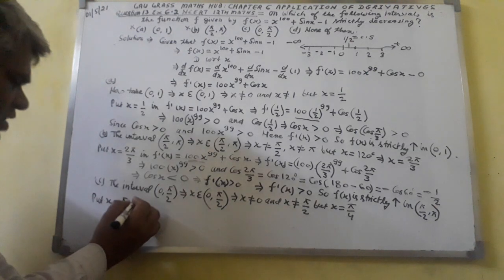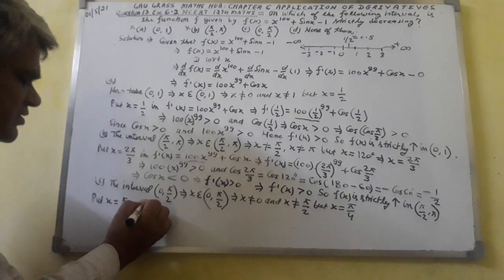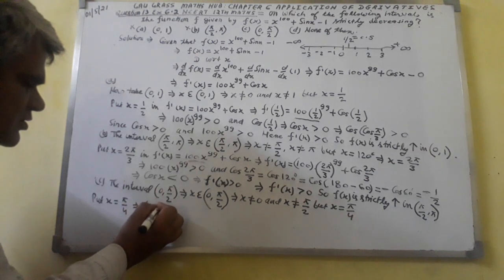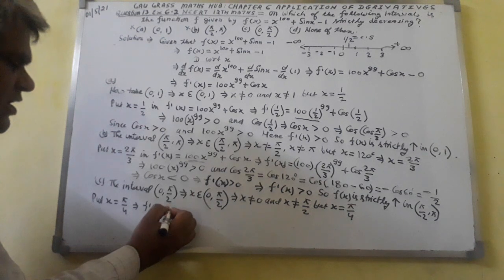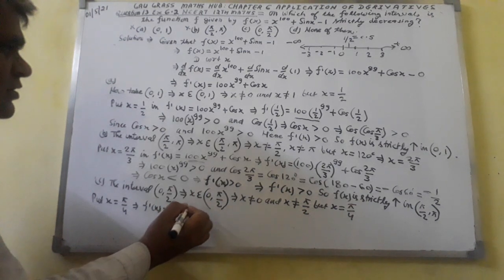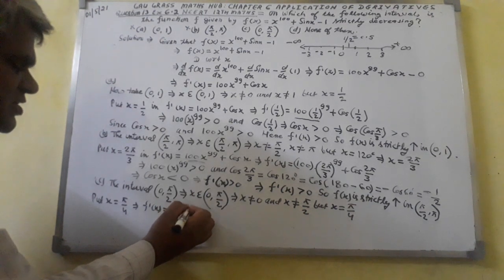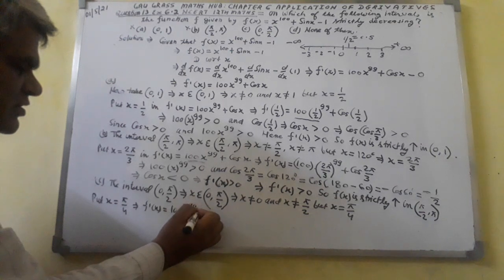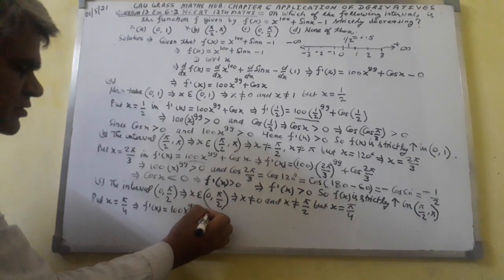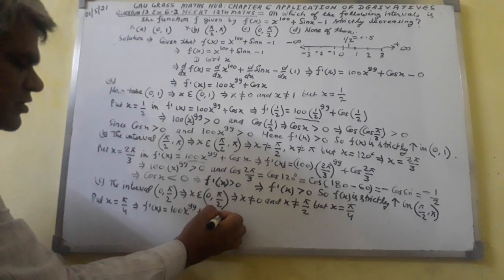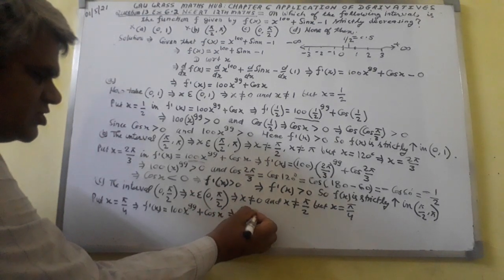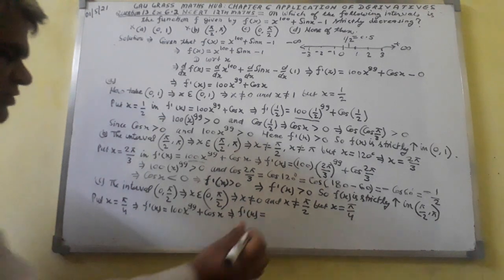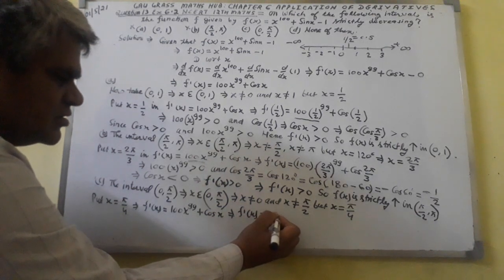So here we have got f dash of x equal to 100 x raised to the power 99 plus cos x.